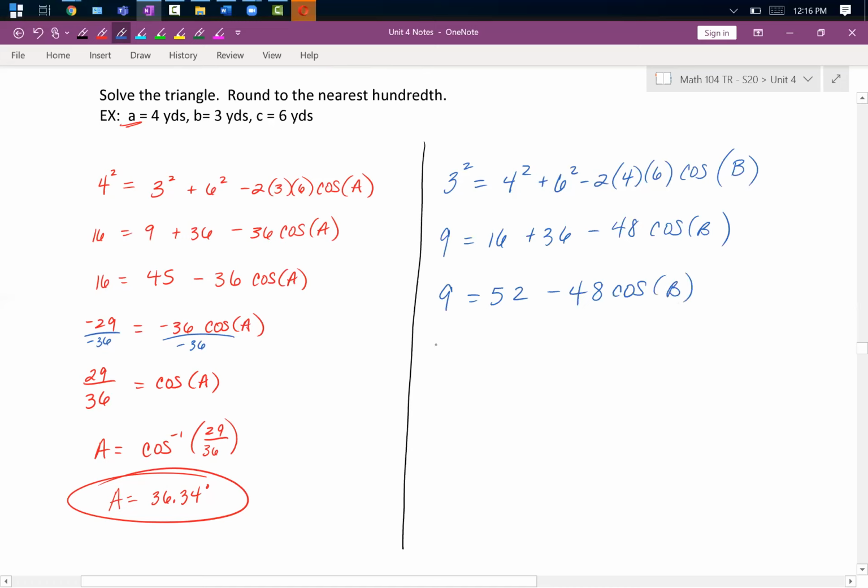Subtracting the 52 over, that's going to be negative 43. Dividing both sides by negative 48, which makes our left side positive.